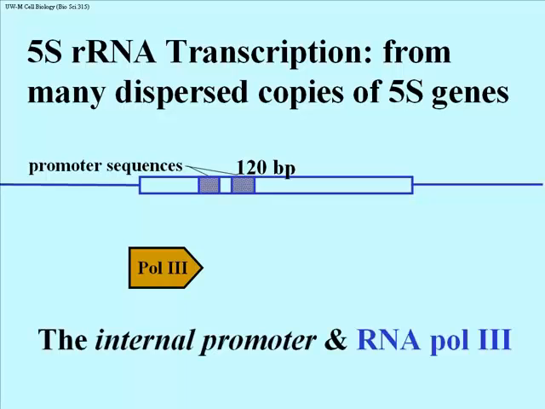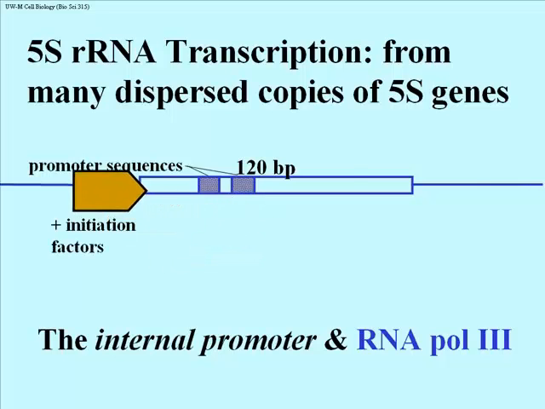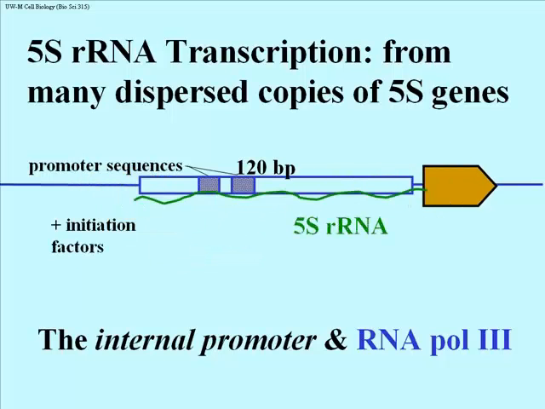Each 5S ribosomal RNA is transcribed by RNA polymerase III, which has the unique property of recognizing a promoter sequence within the gene, that is, within the region that will be transcribed, rather than to the left of the gene, as is the case for most promoters. After binding to this internal promoter, consisting of 2 short DNA sequences shown here, the polymerase then shifts to the start site of transcription with the help of initiation factors, and proceeds to transcribe a 5S ribosomal RNA.